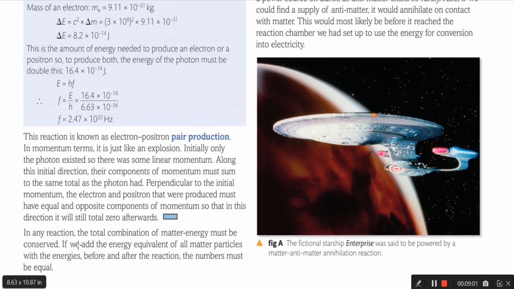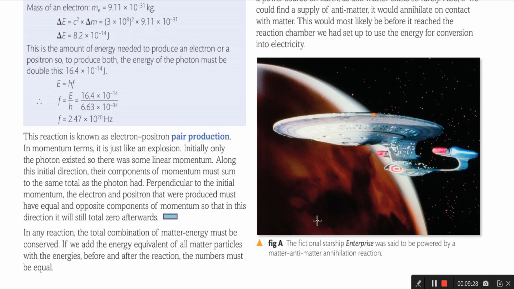In any reaction, the total combination of matter and energy must be conserved. Very important concept. It is difficult to calculate conservation of mass and conservation of energy separately in this type of creation and annihilation process, because we have to consider matter-energy conservation.